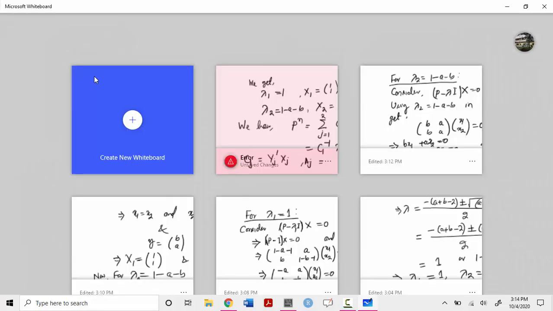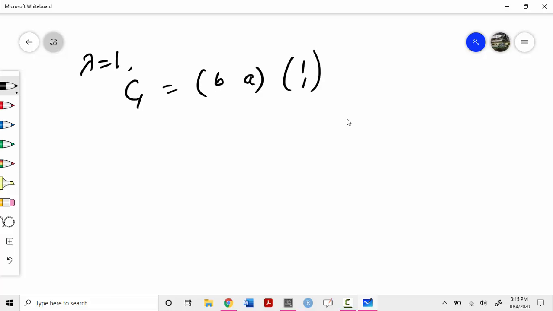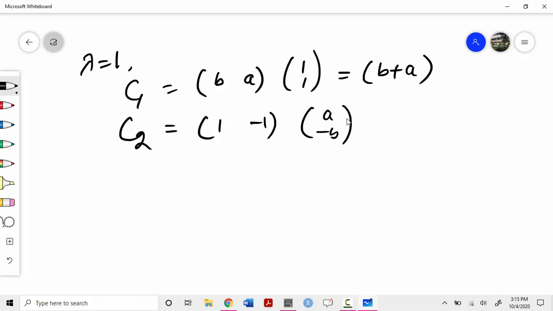So now for lambda equal to 1, c1 equal to b a into 1 1, so that is equal to b plus a, and c2 equal to 1 minus 1 into a minus b, that is also equal to a plus b.